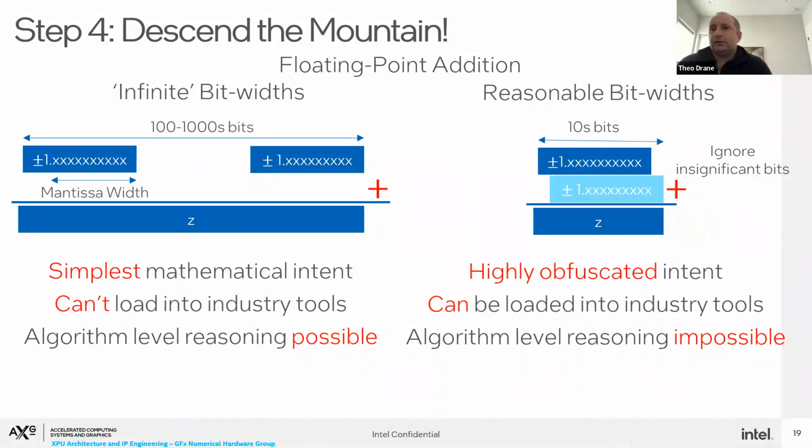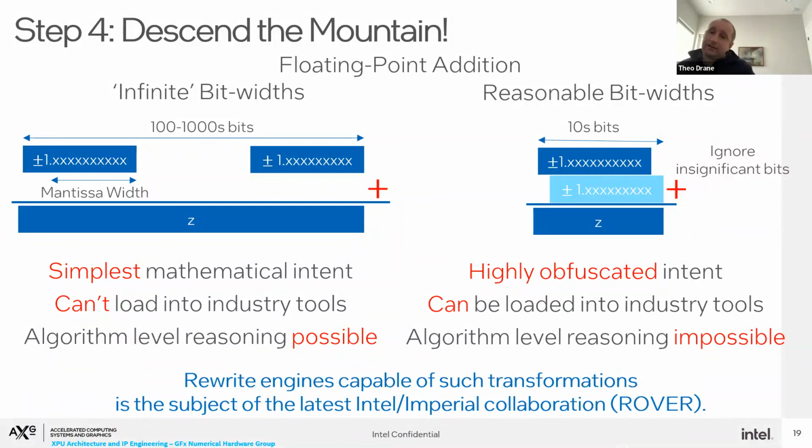Now, the interesting thing is, can we jump from the left to the right? And actually, some of our latest collaboration with Imperial EE, and I will hint at what form that work takes coming up, has the power to do this. What is interesting about this kind of rewrite, this is clearly a rewrite engine, but it really has value range analysis in here.